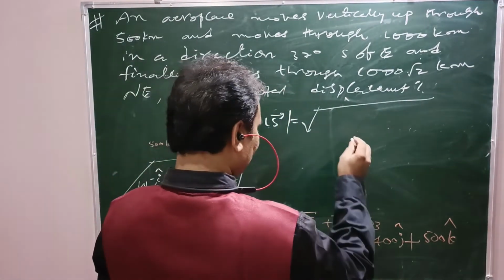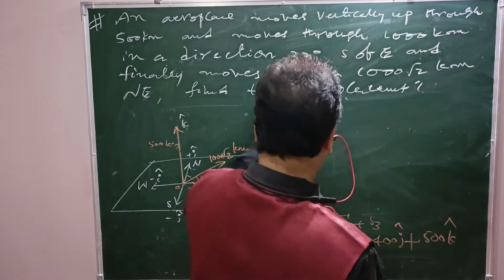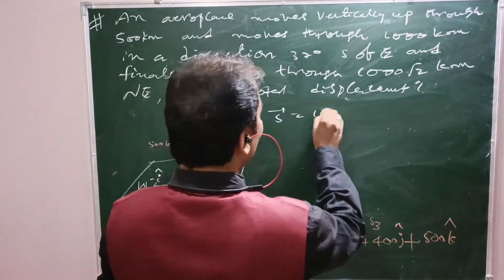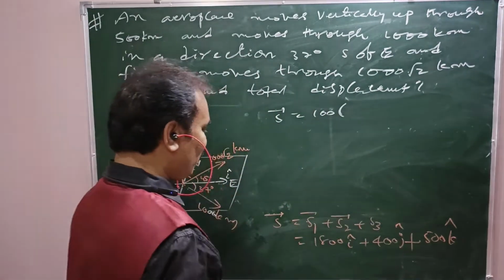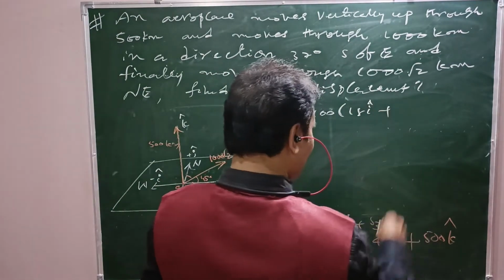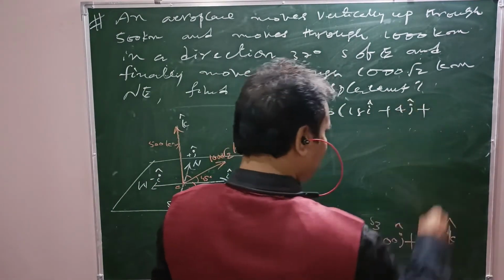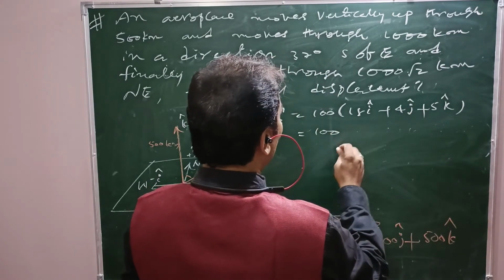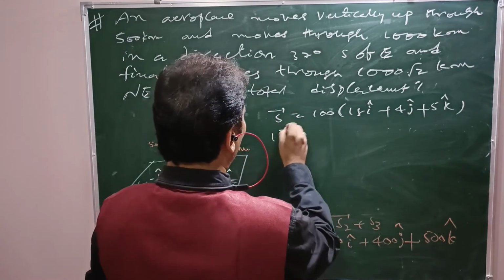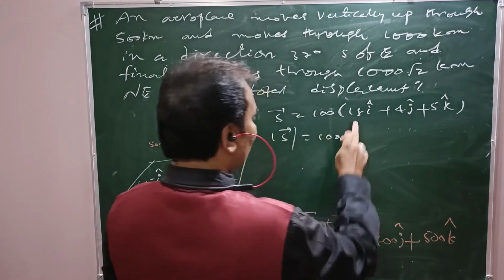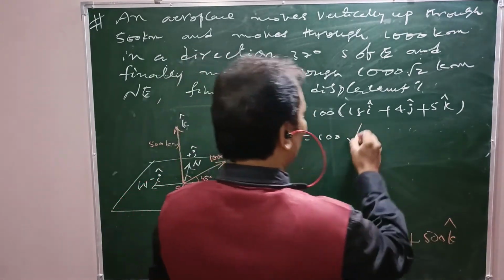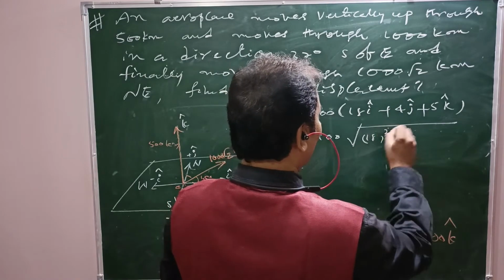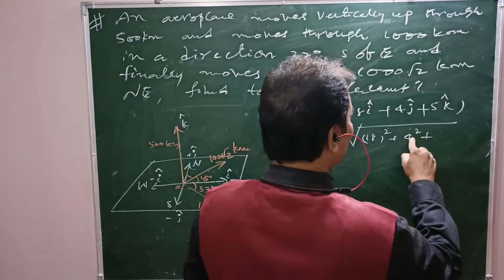Otherwise, this can also be written as S bar equals 100 into, with 100 kept common in all three terms, we are left with 18i plus 4j plus 5k. Now coming to the modulus, mod S bar equals 100 times root over x square plus y square plus z square, that is 18 square plus 4 square plus 5 square.